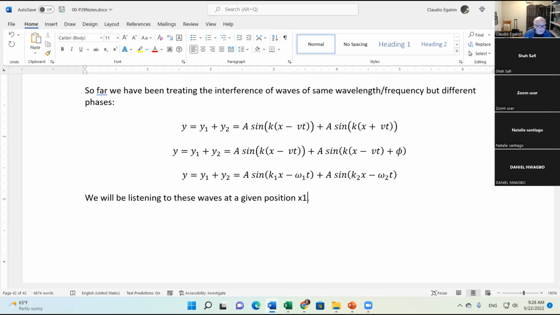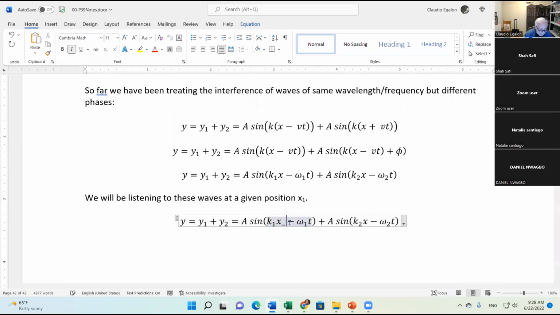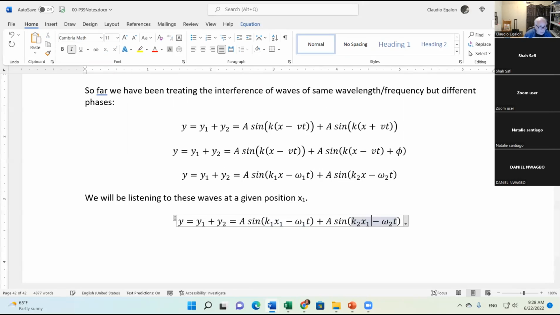X1, let's put this one like X1. Okay, so it's gonna be something like that. X1 and X1 as well. The position for both waves is going to be exactly the same.